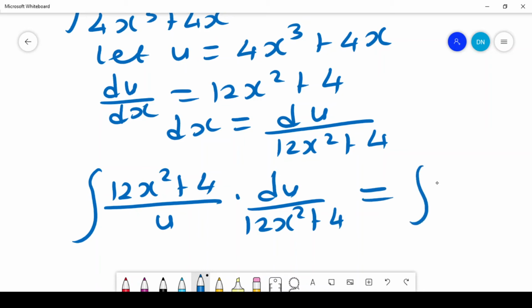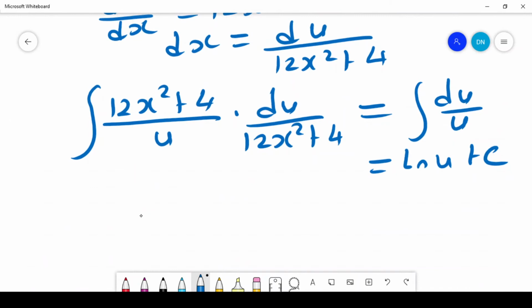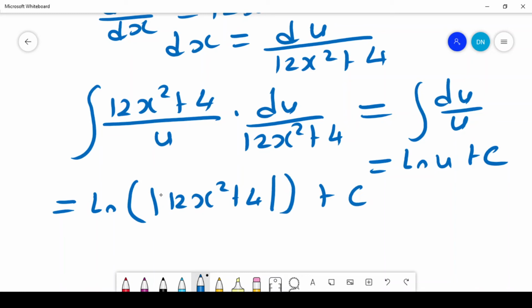And that simplifies to du over u, which I know is the ln of u plus a constant. I'll put a constant when there are no limits of integration, or it's an indefinite integral, and that gives me the ln of 4x cubed plus 4x and then plus c.